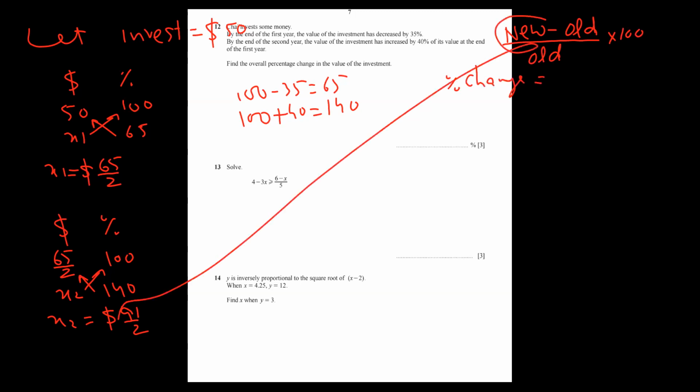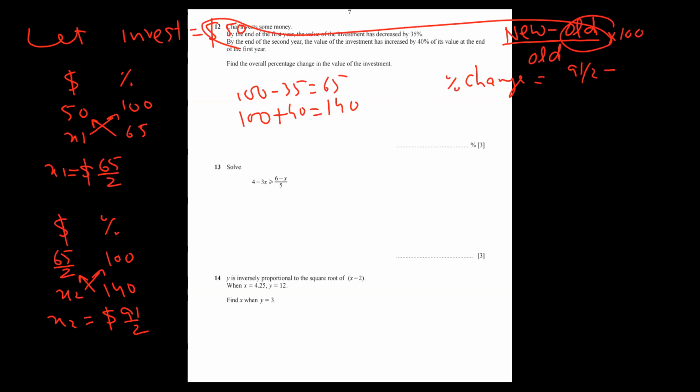New value is this much, so 91 over 2. Old value is 50. So I'm writing here 50, divided by old value, times 100. And when you type in the calculator, 91 over 2 minus 50, divided by 50, times 100, I am getting negative 9, negative 9%, sorry, percentage.